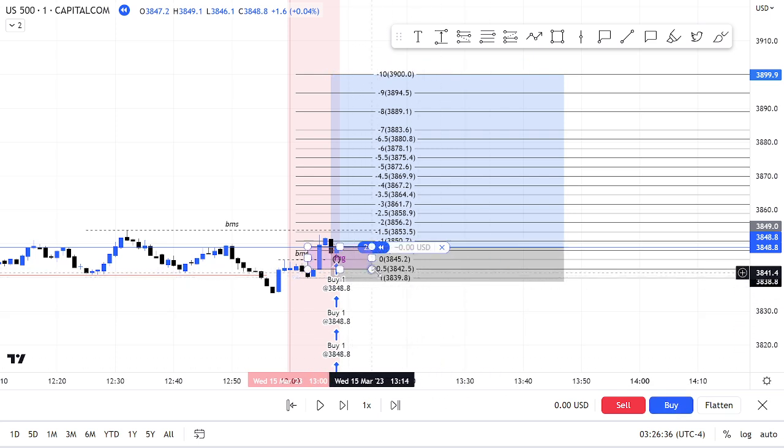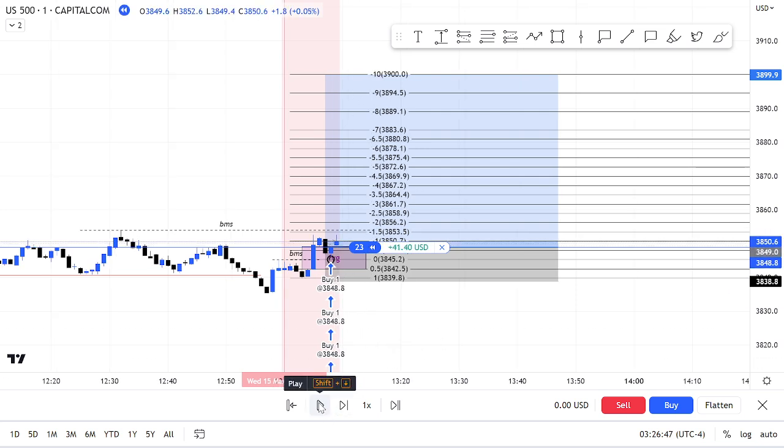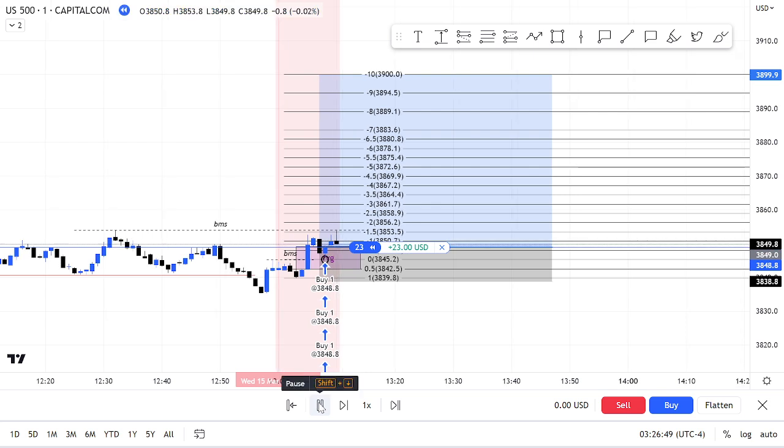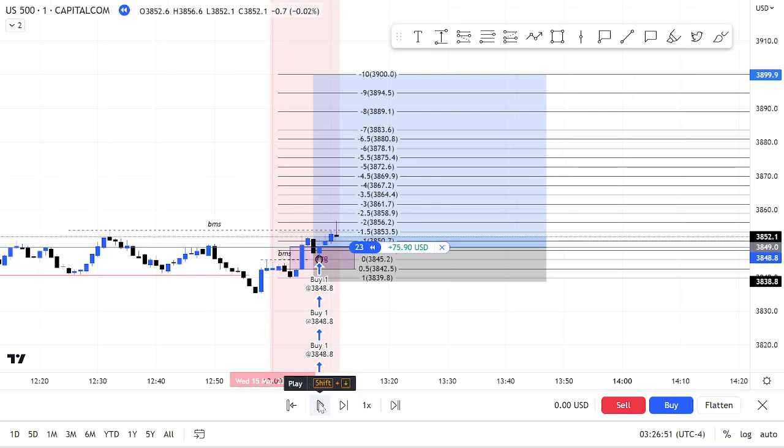And if you want to know how much I would be risking, we can just watch it when price reaches, I think, 1.5. Alright, so we'd be risking a little bit less than $100.